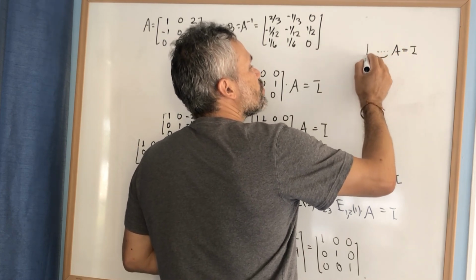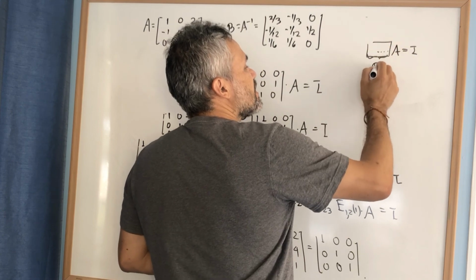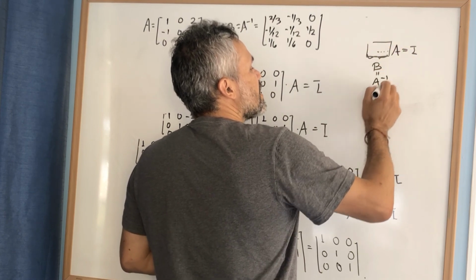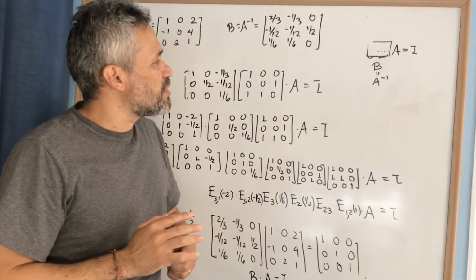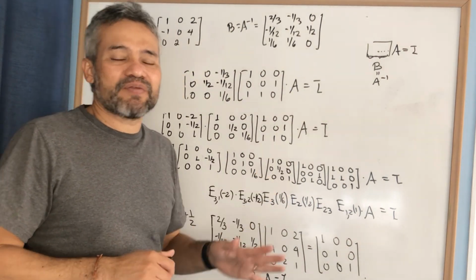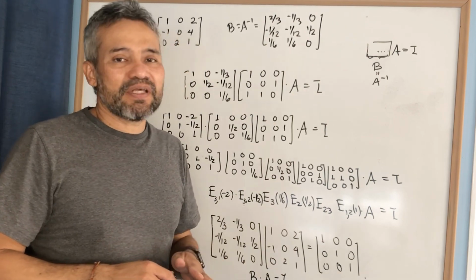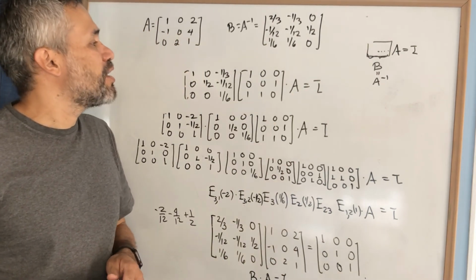Then the product of these matrices is going to be B, which is the inverse of A. Remember that something important that we are using is that the product of matrices is associative, but it is not commutative.